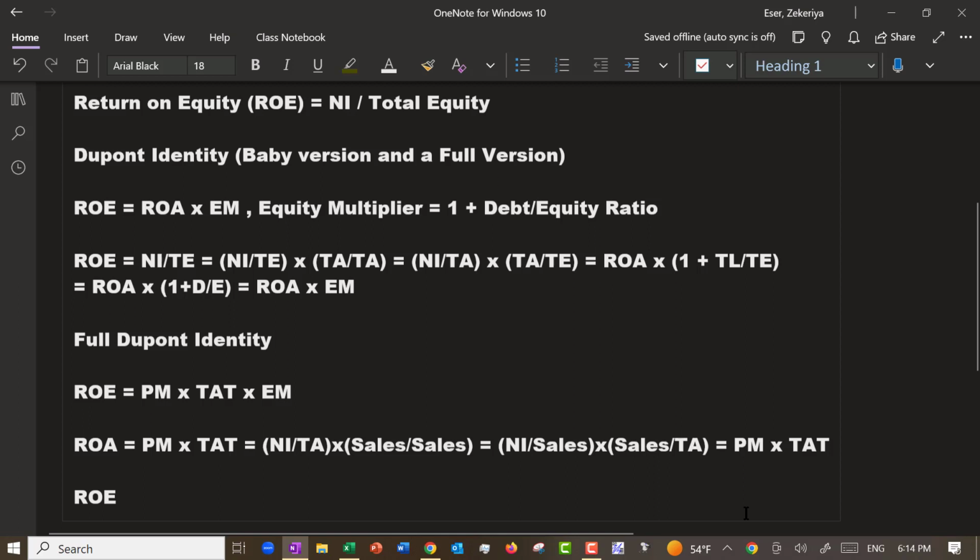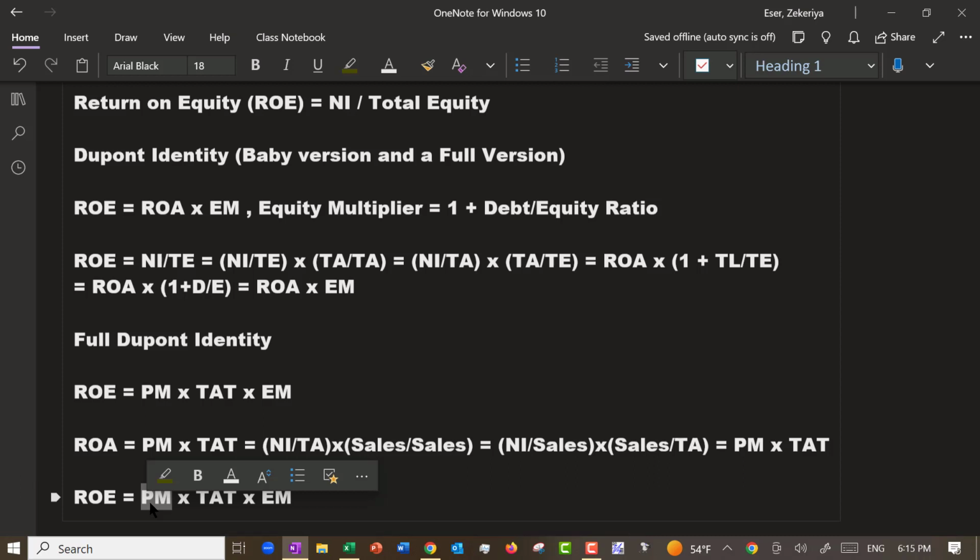What DuPont identity basically says, there are 3 different drivers of return on equity. The first one is profit margin. How much money do you make per unit of revenue, per dollar of revenue? The second one says how efficient you are in turning over your assets and converting them to sales.